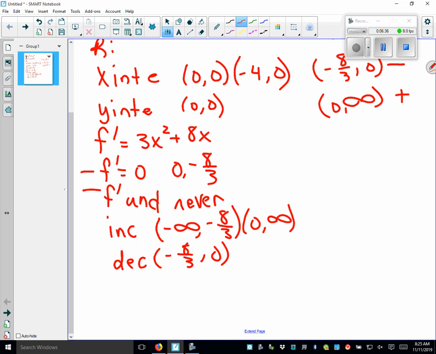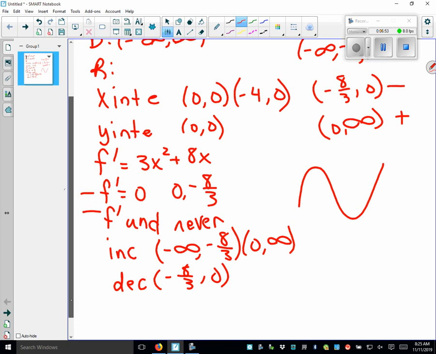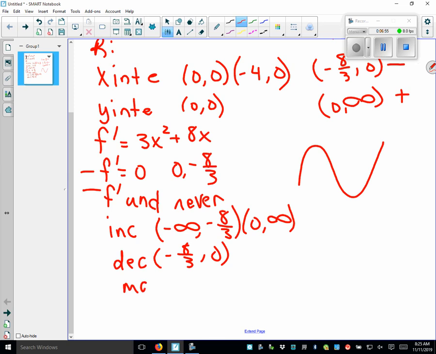Now, where is a local max? Is it true that my graph is doing this? Yes. Where is a max? At negative 8/3?